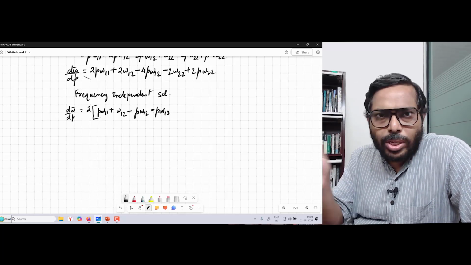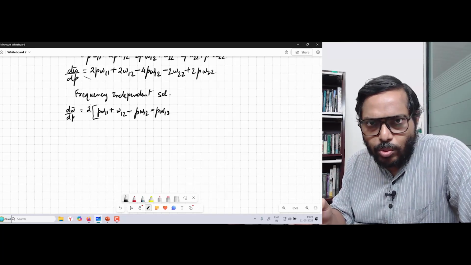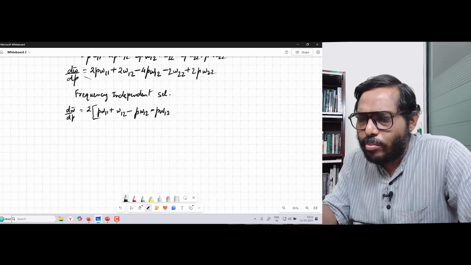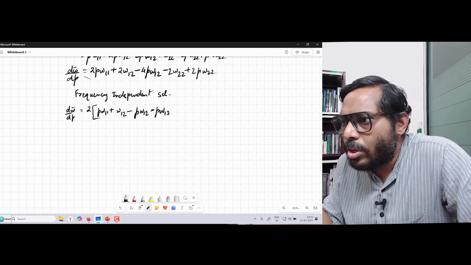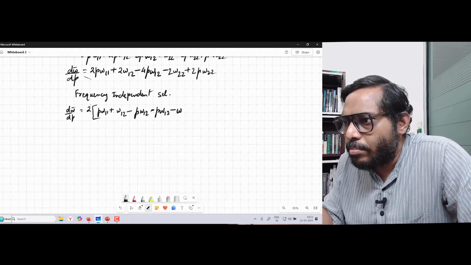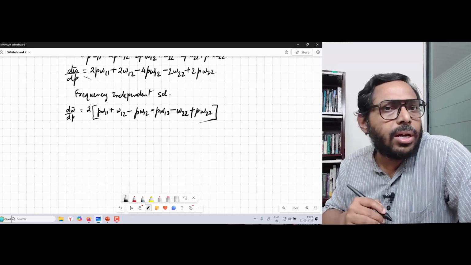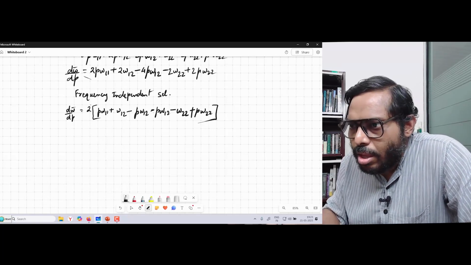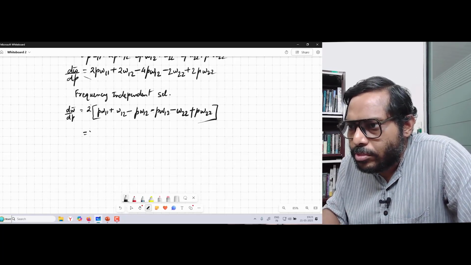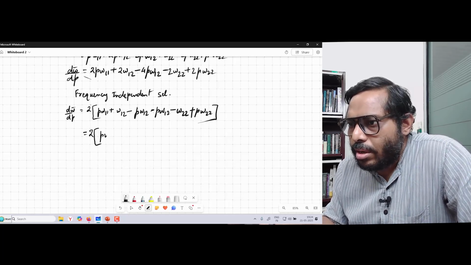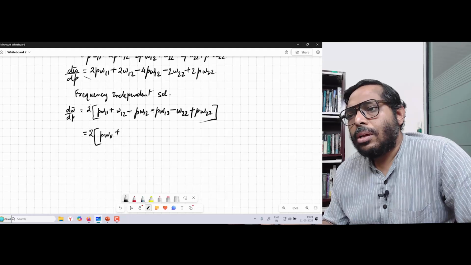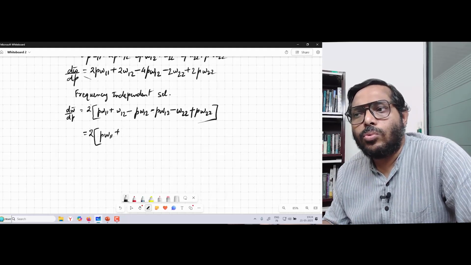I have split it into minus PW12 minus PW12, and then 2 has gone outside, so I have minus W22, and plus PW22, bracket closed, right, equal to 2 outside, PW11 is fine, plus, so this is W12 and W12 over here.